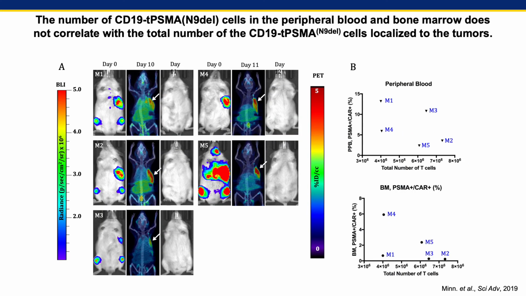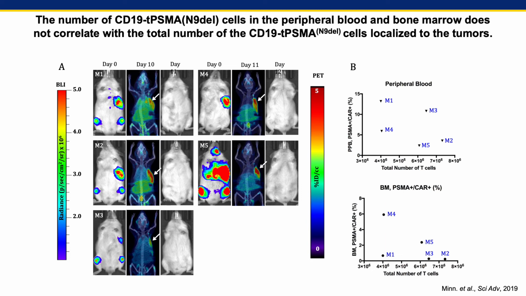And as I mentioned earlier, the current clinical practice to quantify infused T cells is to take the patient's peripheral blood and count how many CAR T cells are in the blood. The question was whether that method is valid, which means does that really show what's going on in the patient infused with the CAR T cells.